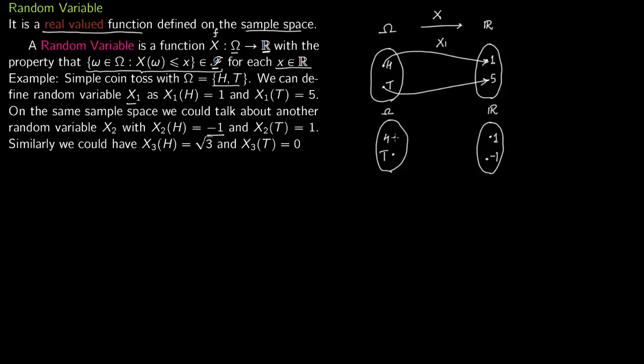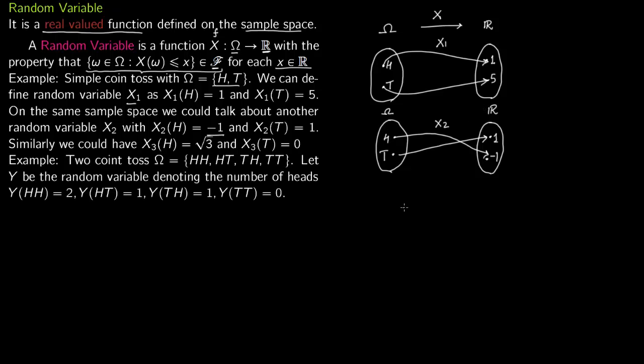Head gets mapped to -1 and tail gets mapped to 1. So this is random variable x2. And similarly you can have x3. x3 of head goes to √3, x3 of tail goes to 0. So basically random variables act on the sample space and take the sample space to real numbers.